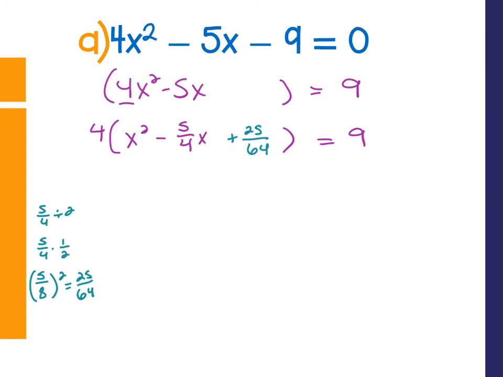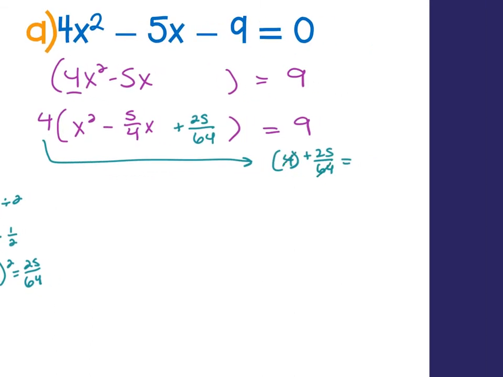And that's what I would normally add to the other side, but before I do that, I have to multiply it times 4. So 4 goes into 64 16 times, and I'm adding 25 sixteenths. Now I'm going to simplify the left side. I'm going to keep the 4, square root the first term, which is x, square root the 25 over 64, which is 5 over 8, take the sign from the middle, which is my minus, put it in the parentheses and square it.